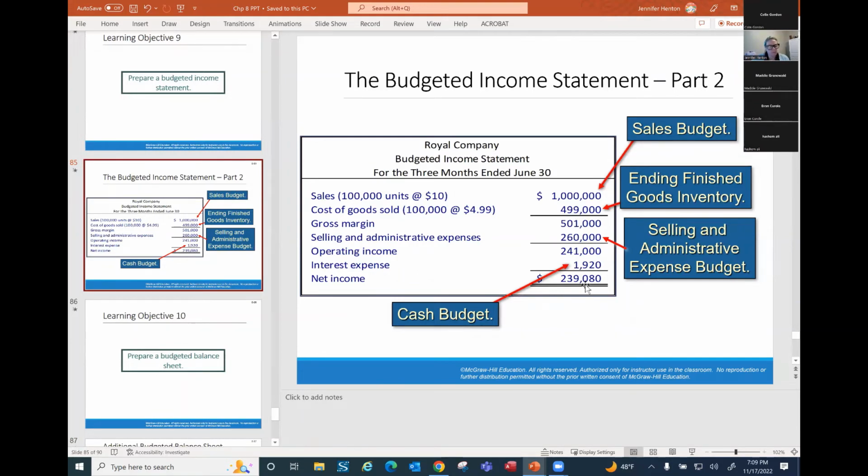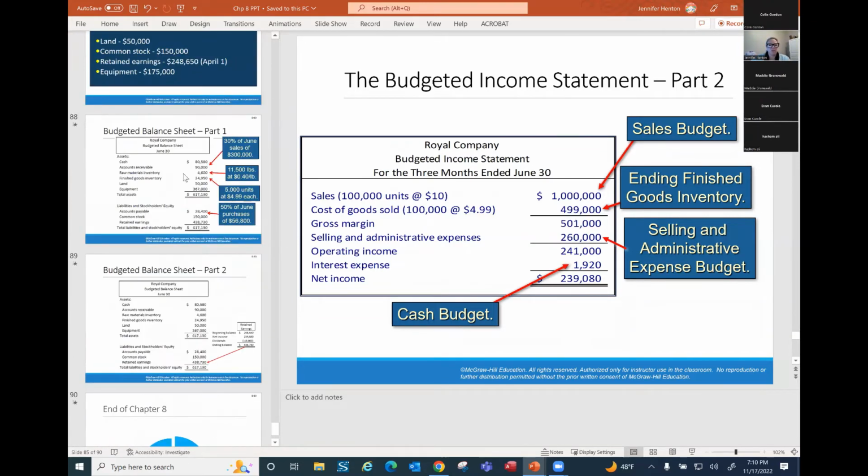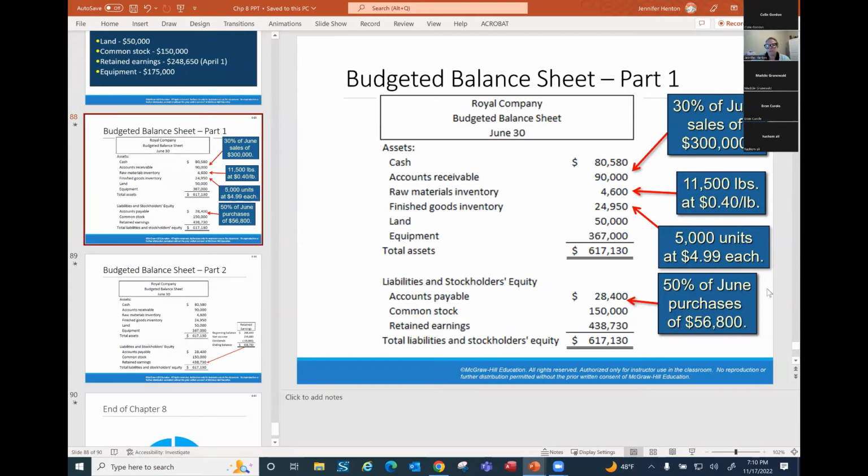So that net income is going to roll into your retained earnings. So we have 487,730. So when you add them together, you get 438,730. So when we add everything, 617,130. So my assets equal my liabilities and equity.